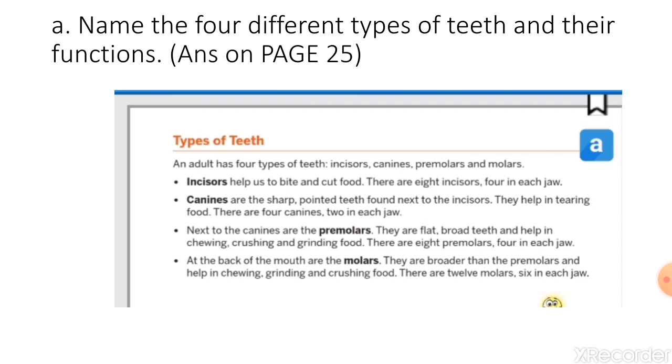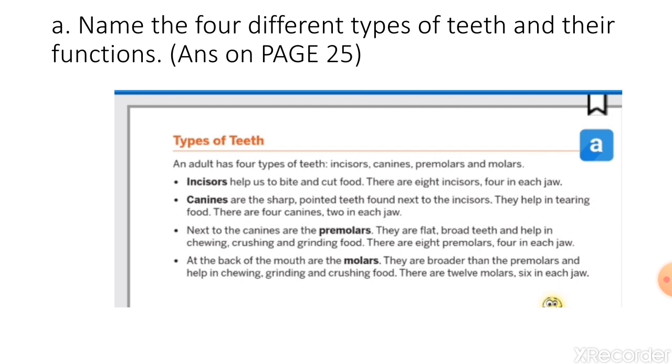You have to mention their names, and after that you have to write about their functions. You will get the answer on page number 25. Those who have textbooks can copy the answer from there, and those who do not have them can write from this slide. They can pause the video and write the answer.